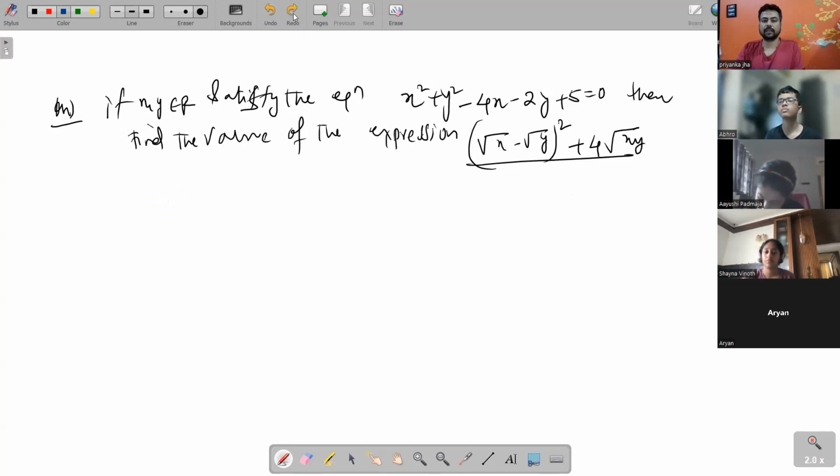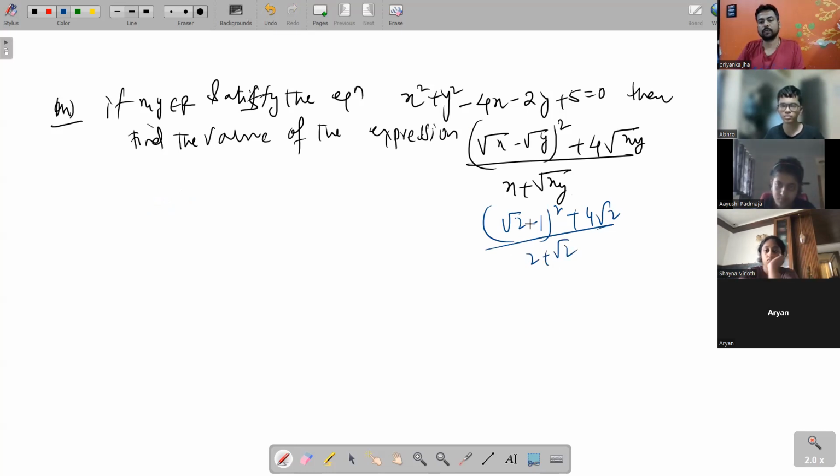Let me see. Put x equal to 2: (root 2 minus 1) plus 4 root 2, whole square, upon 2 plus root 2. So this is 2 plus 1, 3, and then minus 2 root 2 and plus 2 root 2, and then 2 plus root 2.